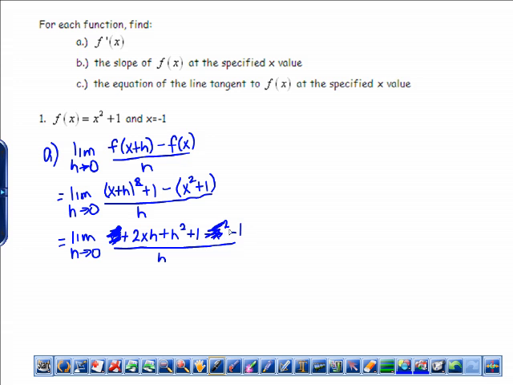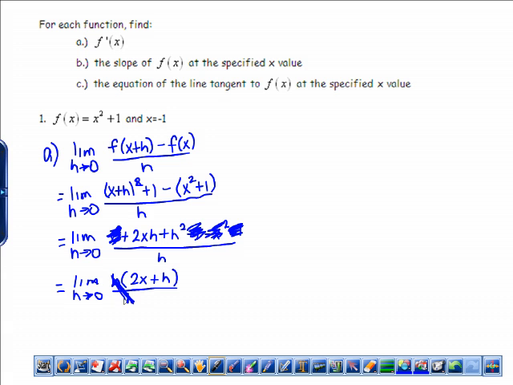The x squareds cancel, the -1 cancels with the +1, and what you have left you can factor so that you can simplify. So the limit as h approaches 0, and then we have h times 2x plus h, over h.